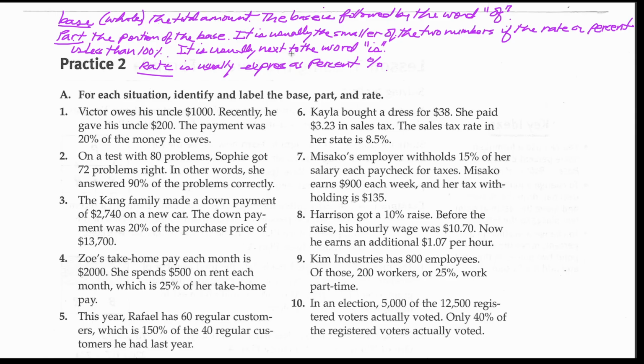If the rate is greater than 100%, the part is the greater number or the larger of the two amounts.